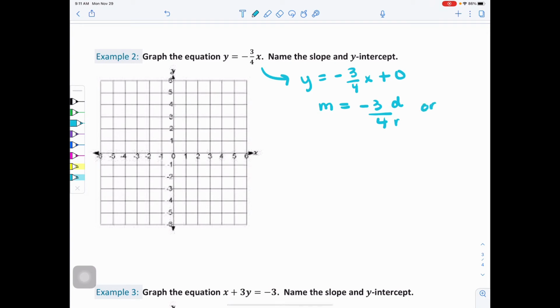If I wanted to write it as 3 over -4, you would be going up 3 and to the left 4, and I'll show you how that looks on the graph. My y-intercept is 0, which means my first point I'm going to plot is (0, 0). So we will put (0, 0) down first, and then we will go down 3, to the right 4.